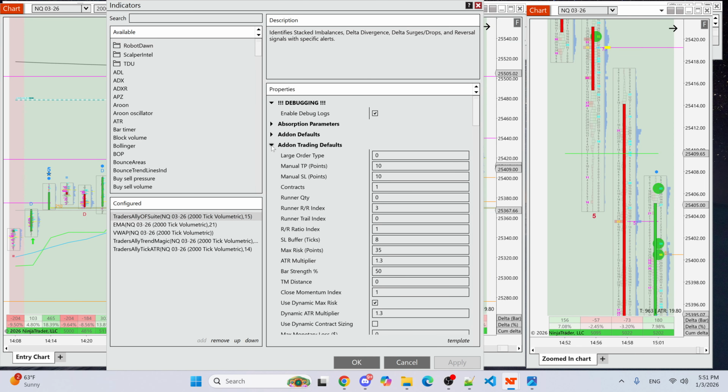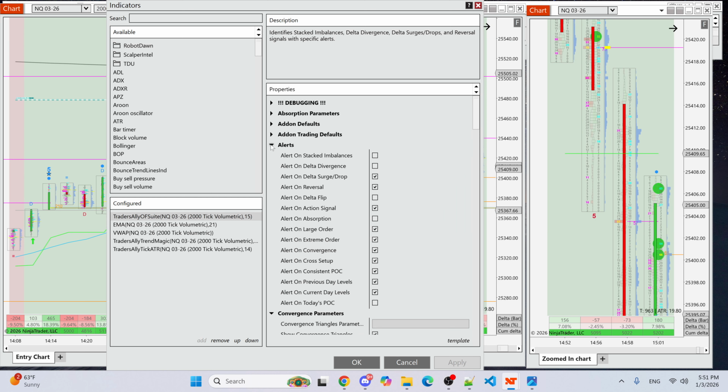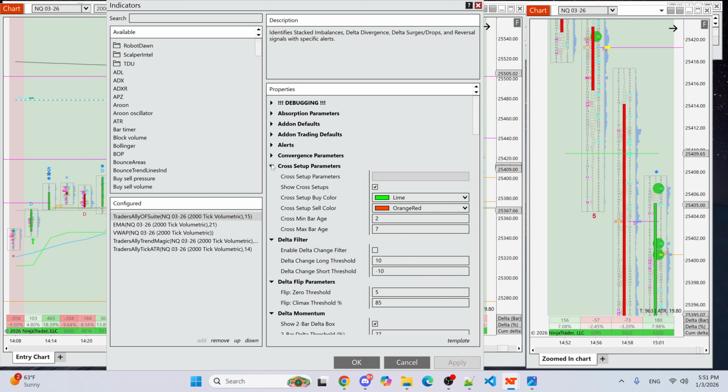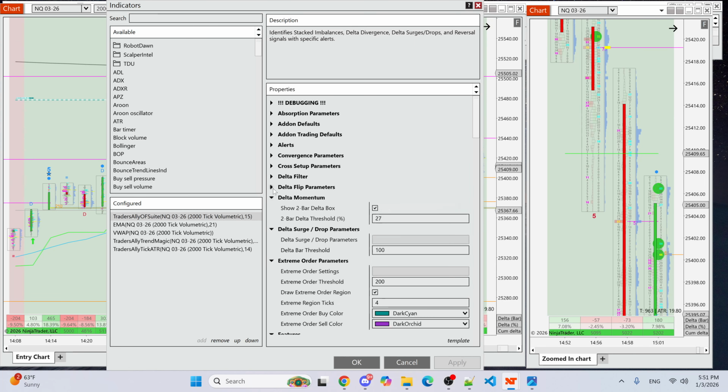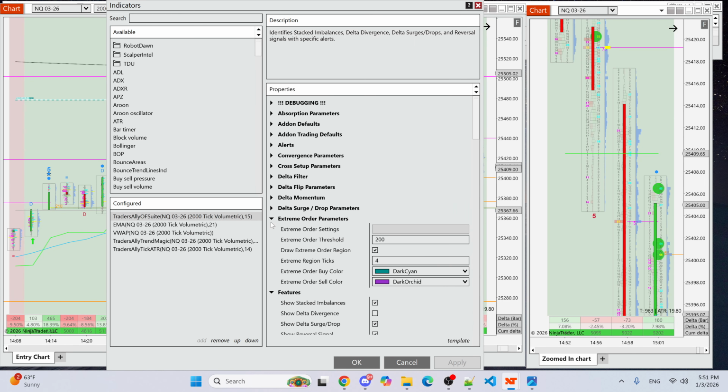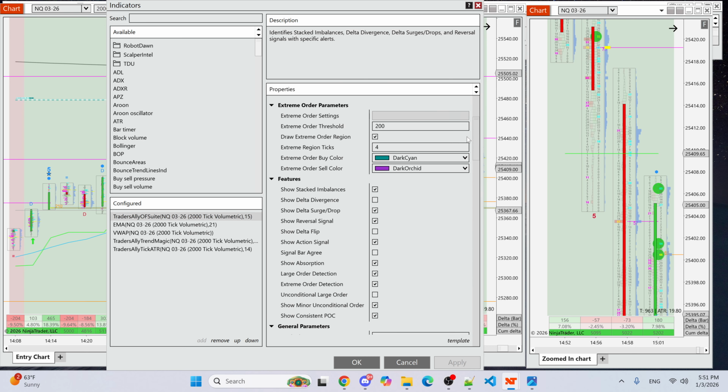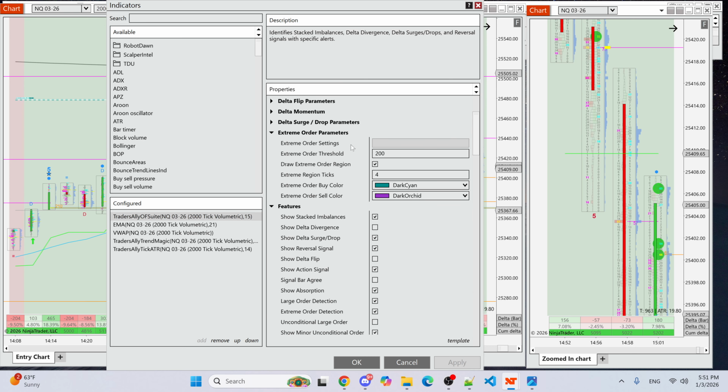We actually have four areas about large orders, and let me walk you through them. So we have extreme large order, and we can place 200 here.